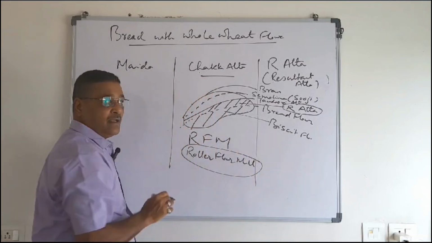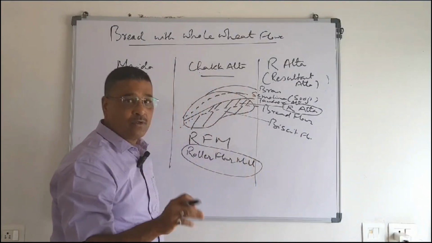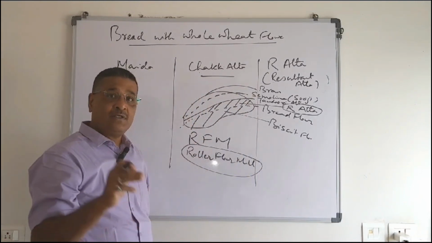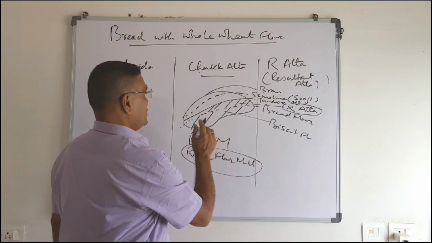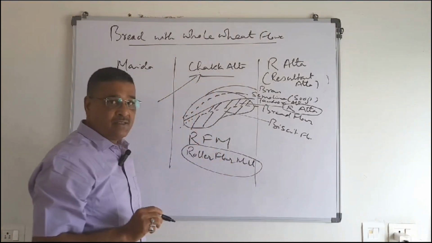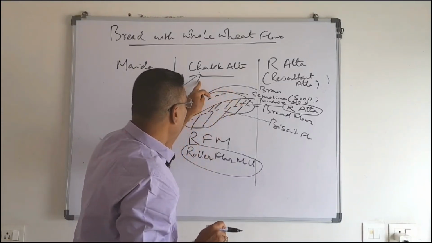What is chakki atta? Chakki atta means this wheat kernel is soaked or conditioned for 4 to 6 hours and ground through a stone grinder. So this produces chakki atta. Under 4 to 6 hours of conditioning, the bran gets dissolved in the water.